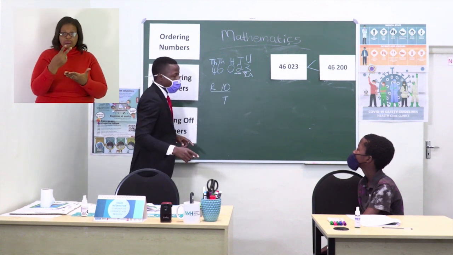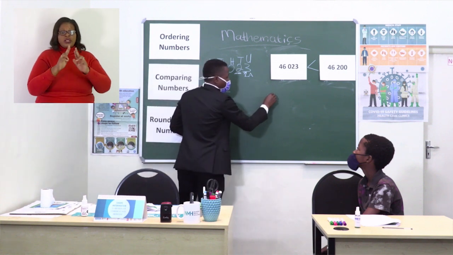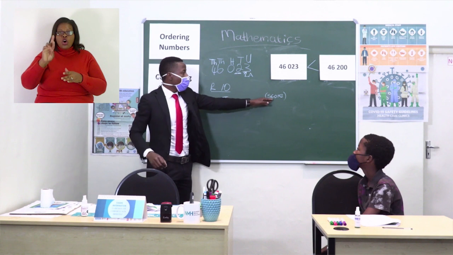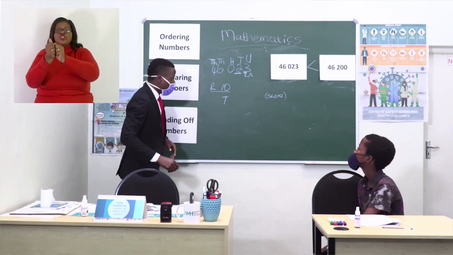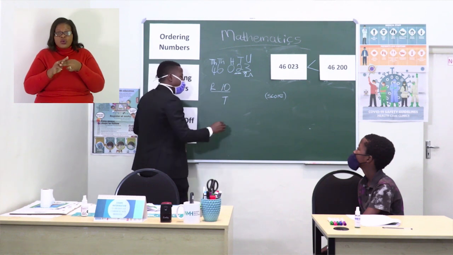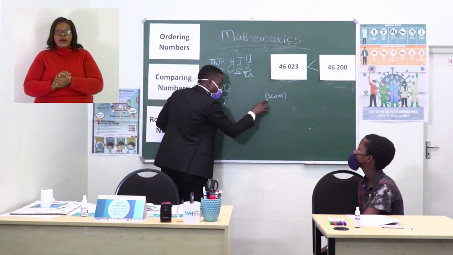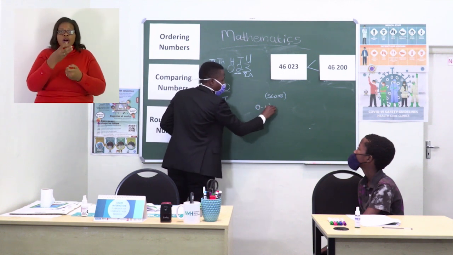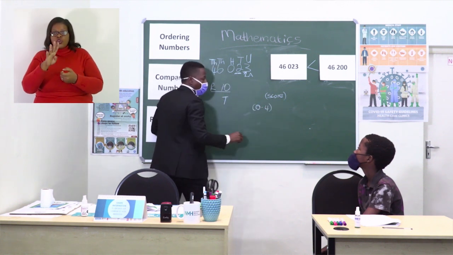In the notes, we talk about scores. It's the same thing, if a number can score or if it cannot score. But in this manner, I'll use the word if it can change. Numbers from 0 to 4 cannot score.